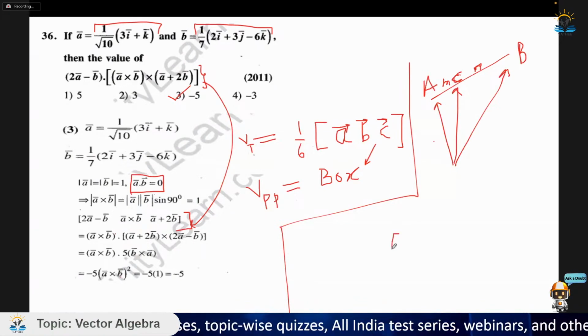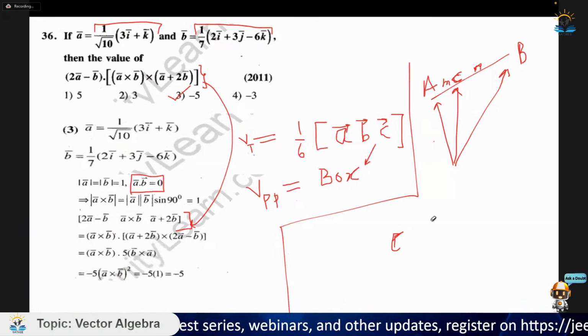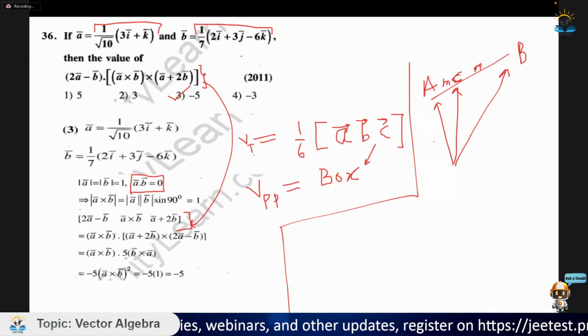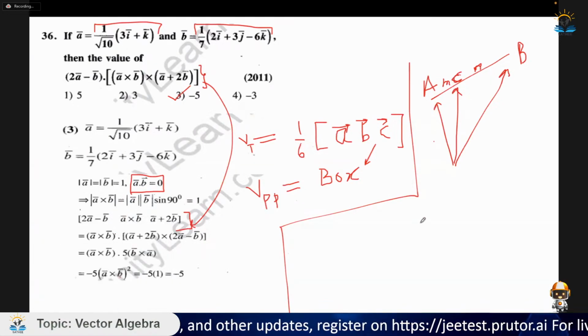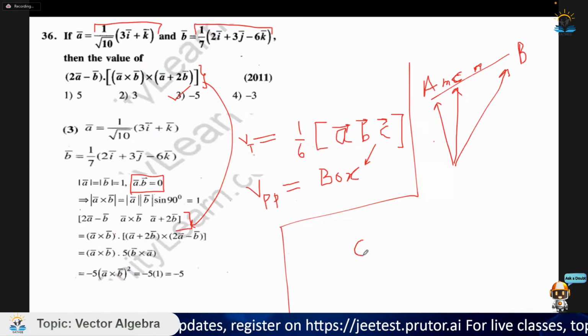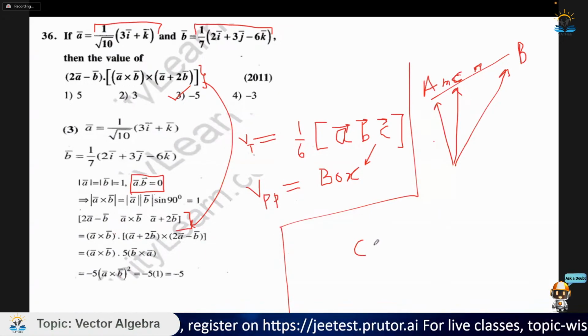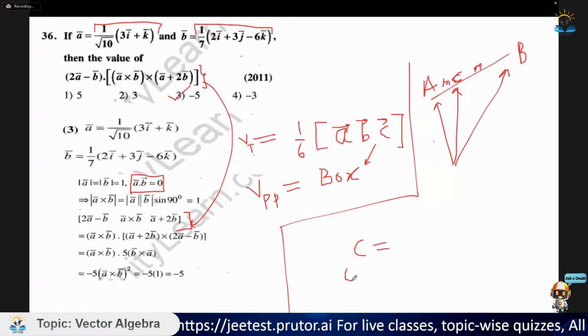So how will we calculate the position vector of c? Sometimes c can be inside and sometimes c can be outside, so you can learn a single formula and just replace the positive sign by a negative sign.